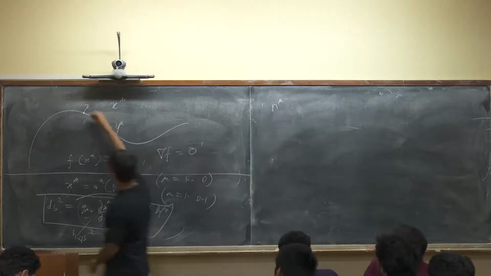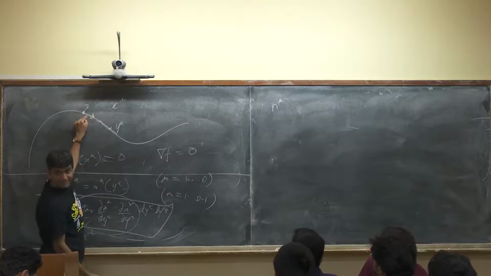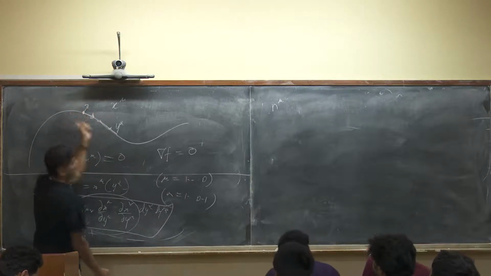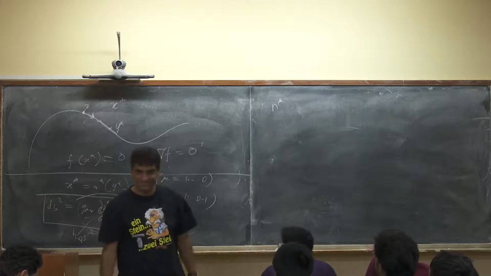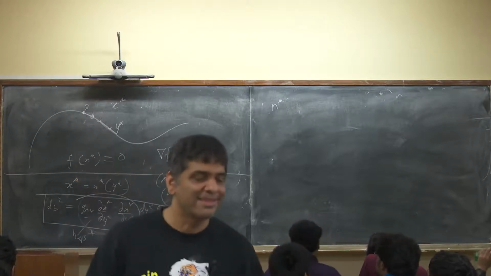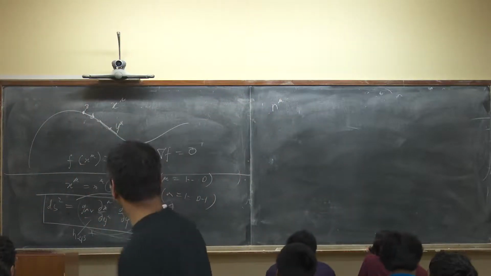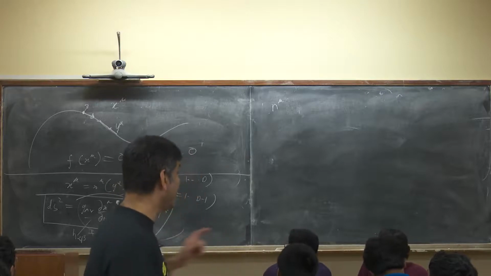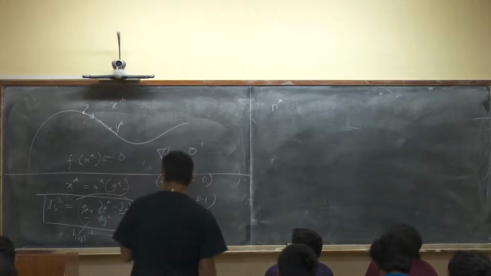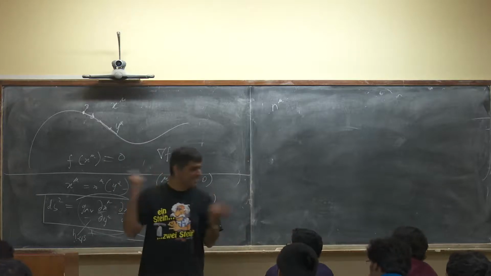So what is n mu? n mu is a vector that is normal to every tangent vector on the manifold at that point, and has unit length measured in the metric of the full spacetime. Notice that n mu in general is not a vector on my manifold. I can't measure its length using h. I need g mu nu to measure its length.